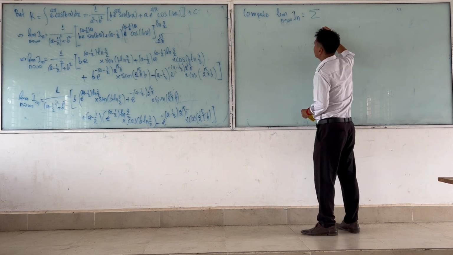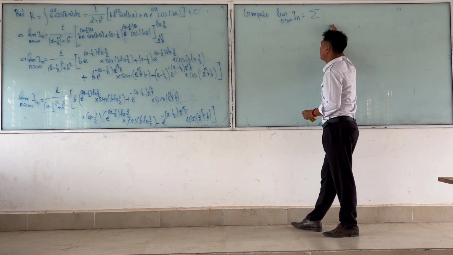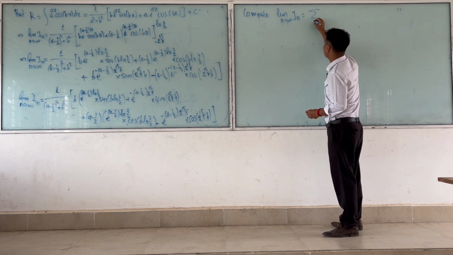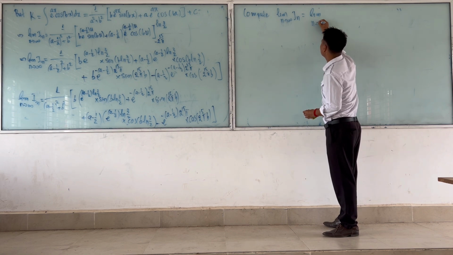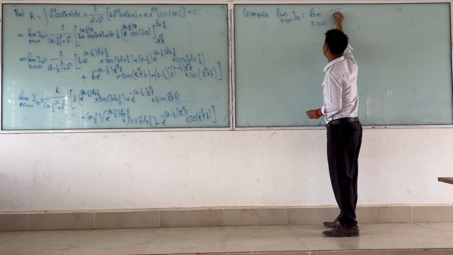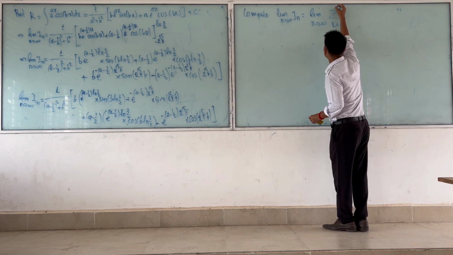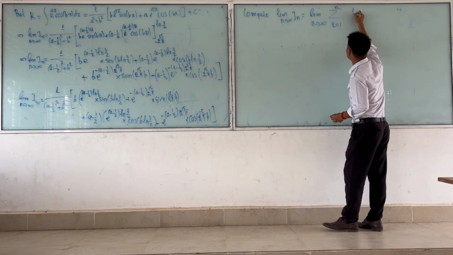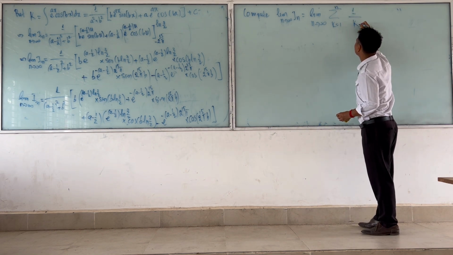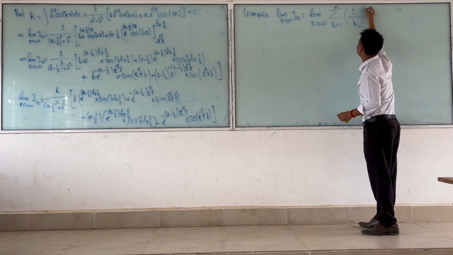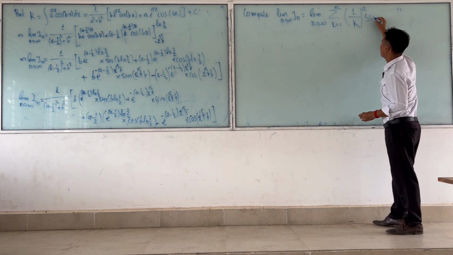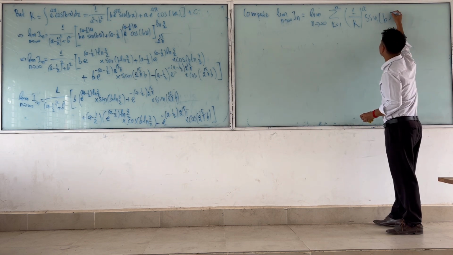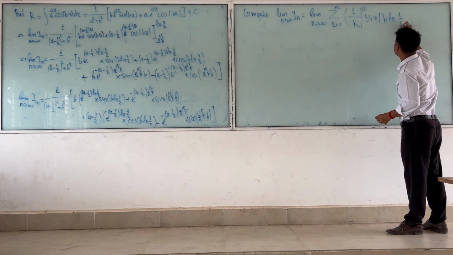Jn equals the sum from k equals 1 to n of 1 over k to the power a, multiplied by sine of b natural log of 1 over k.